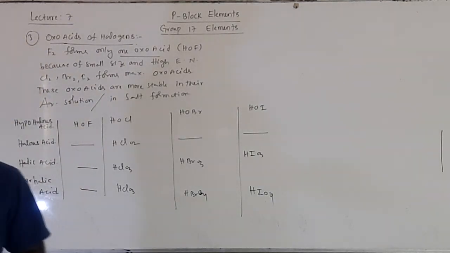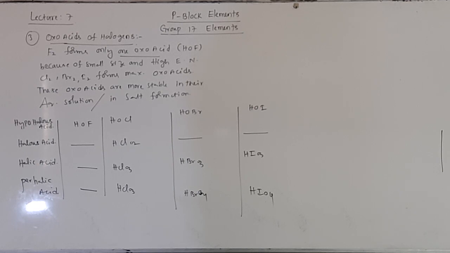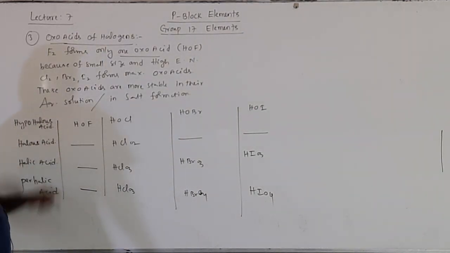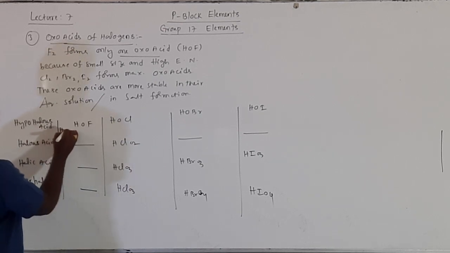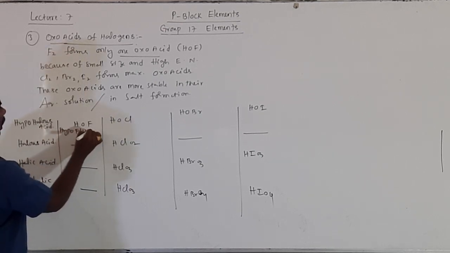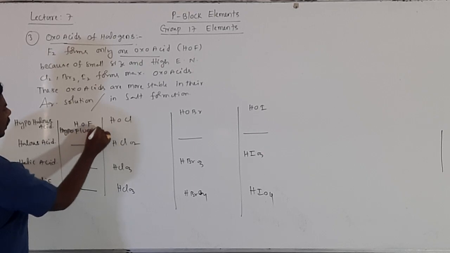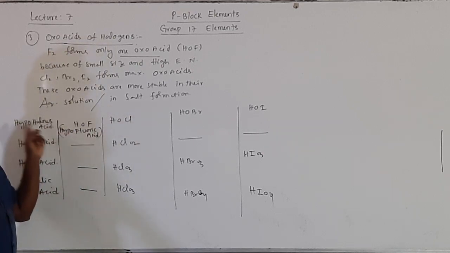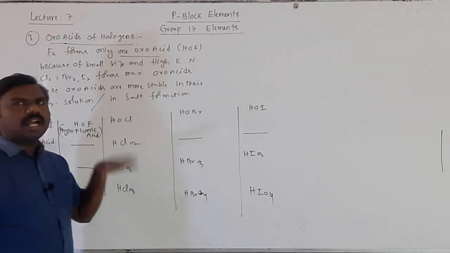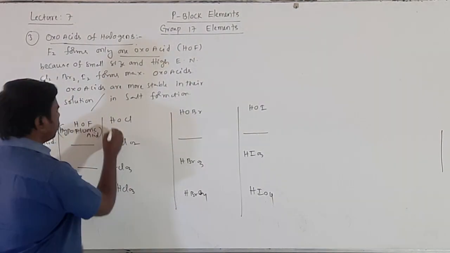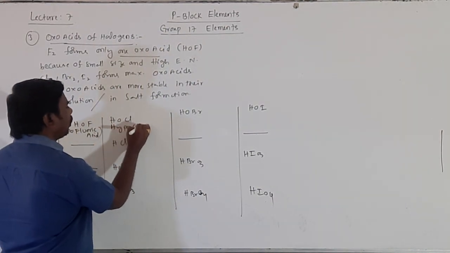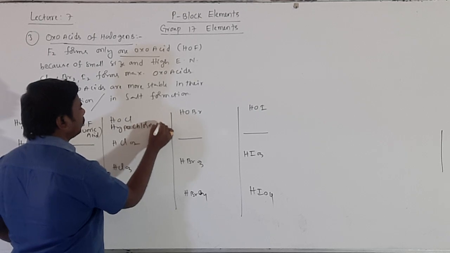Their names we can write in the name of chlorine, bromine, iodine, etc. Now, this name is hypofluorous acid. Getting the name? Hypohalous acid, with fluorine it is hypofluorous acid. This name is hypochlorous acid. Okay?